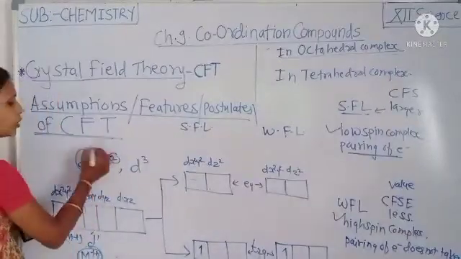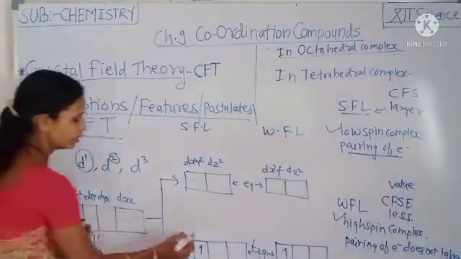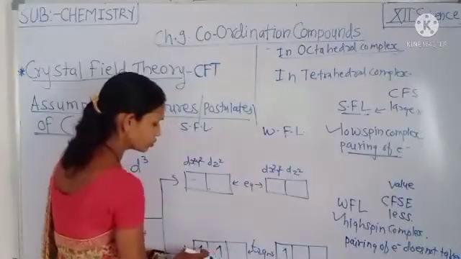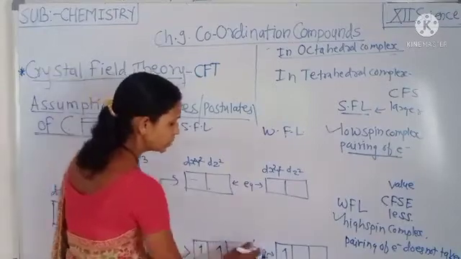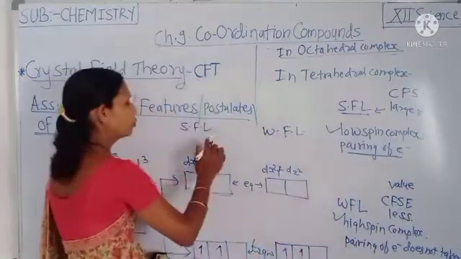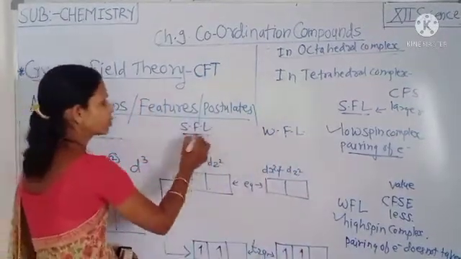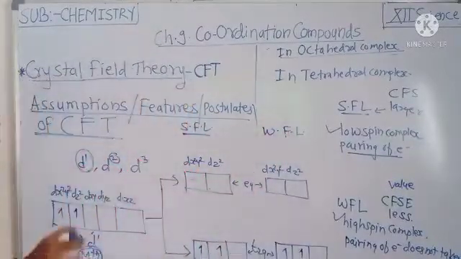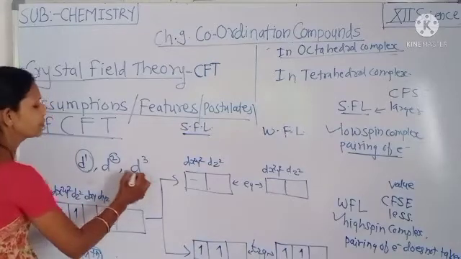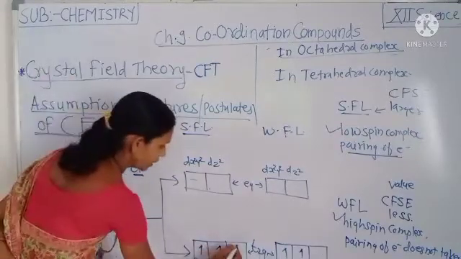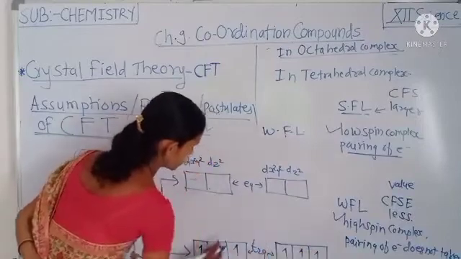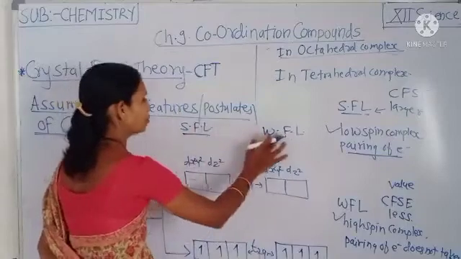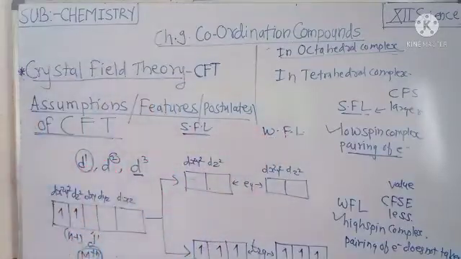Similarly, if it possesses two electrons, both electrons remain in the T2G orbitals for both types of complexes. Similarly, there is no distinction for D3, because the three electrons remain in the T2G set whether a strong field or weak field ligand approaches the metal ion.